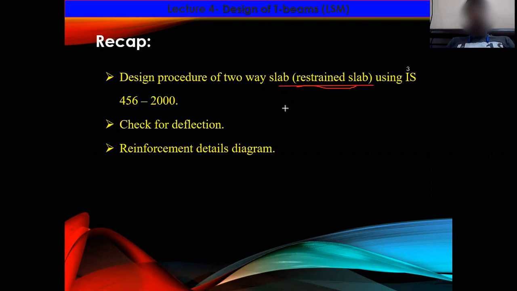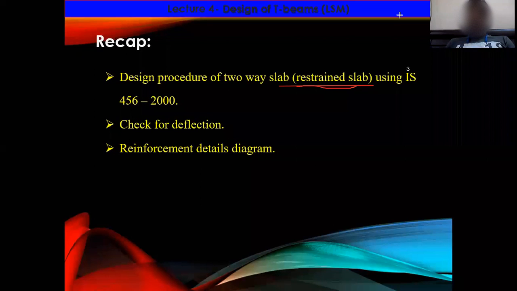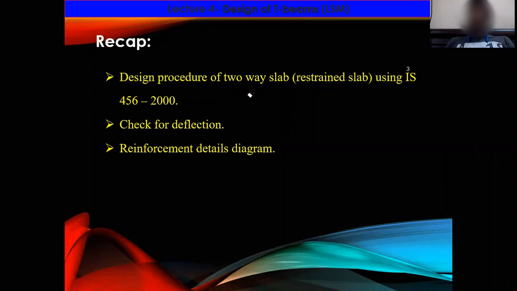Where the slab is discontinuous at that portion, you need to provide the torsion reinforcement in terms of a mesh. And what are the provisions of torsion reinforcement and how to provide it, we discussed in our last class, right? This is what we discussed in our last class.